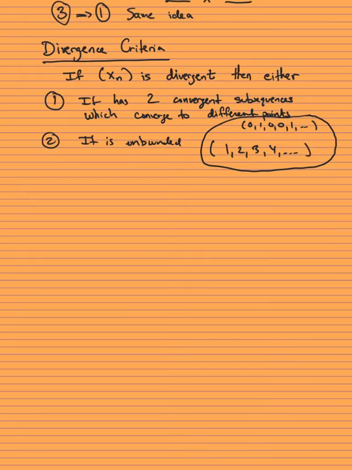You can either have something which just bounces between, and they therefore have convergent subsequences that converge to separate things. So maybe I should say I did the same example. I could also look at, like, say, 1, a third, 2/3, a quarter, 3/4, a fifth, and so on.